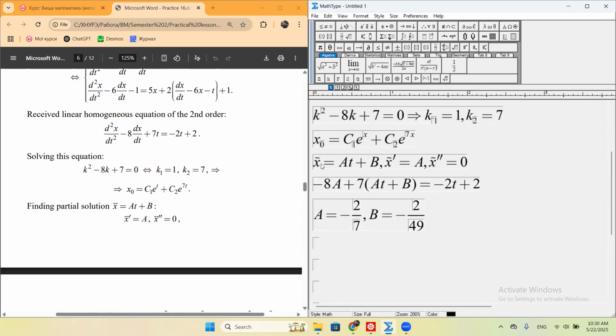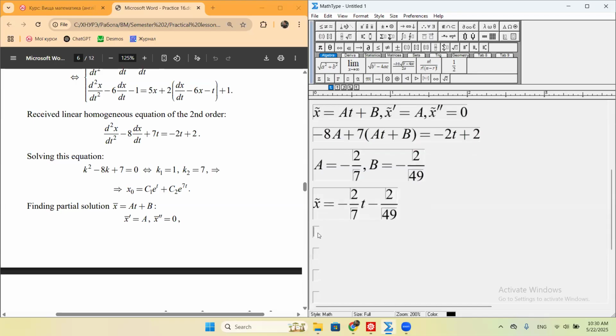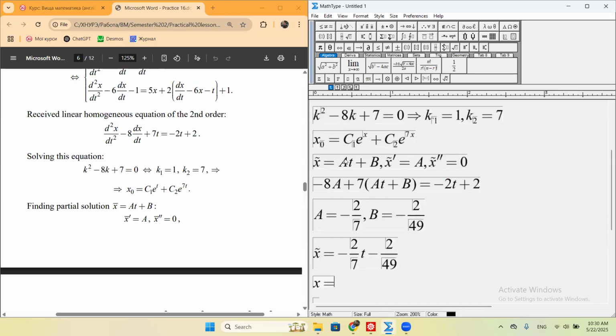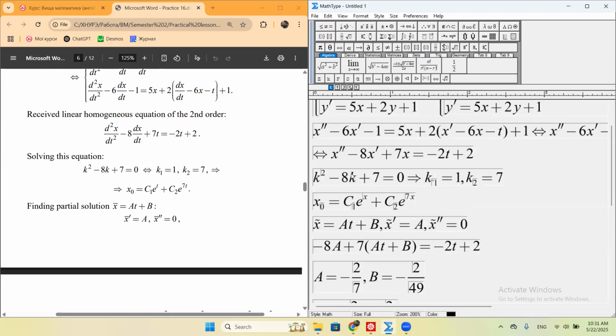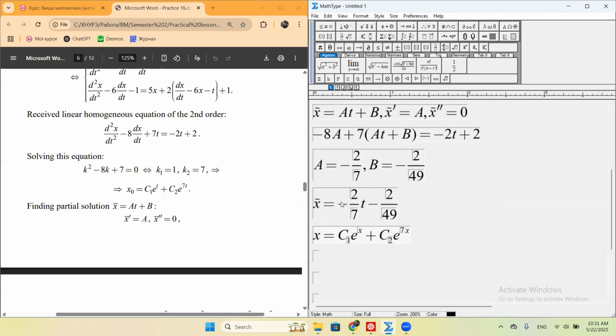So then x partial equals minus 2 over 7 t minus 2 over 49. And x will be equal the following: homogeneous plus partial.